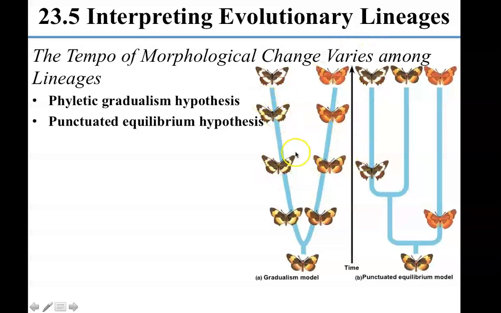Sometimes the phyletic gradualism hypothesis explains the data better. Sometimes the punctuated equilibrium model explains the data better, especially after mass extinction events. We see pretty rapid speciation happening, and sometimes it's a hybrid of the two views. So they're just two models that help us explain and talk about the tempo of evolution over time.